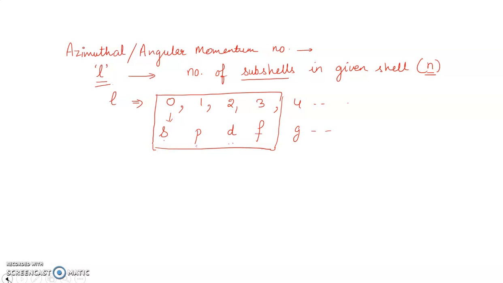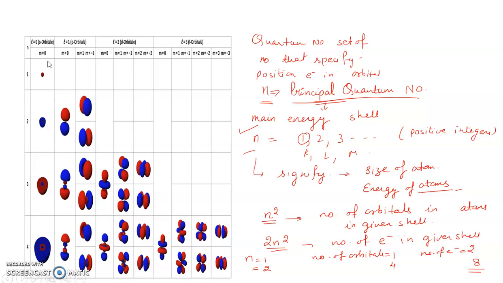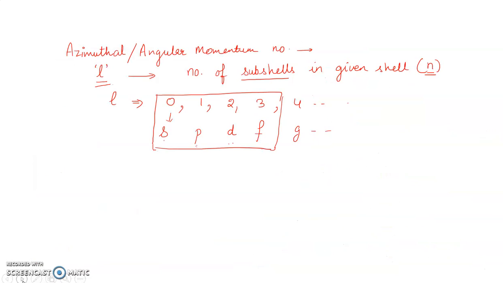Like if I move to this one, you can see the S subshell has this shape, P has this shape, these are the shapes, right? And D will be different, F also. So these orbitals, these subshells have different shapes. Like the S subshell has a spherical shape.